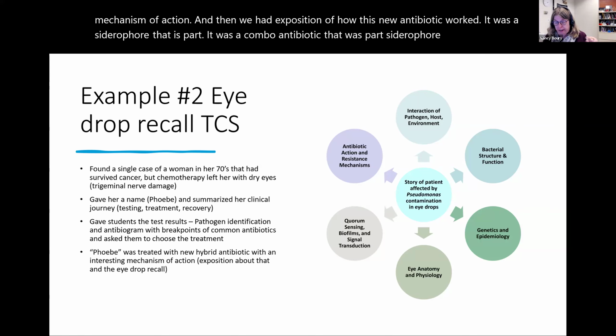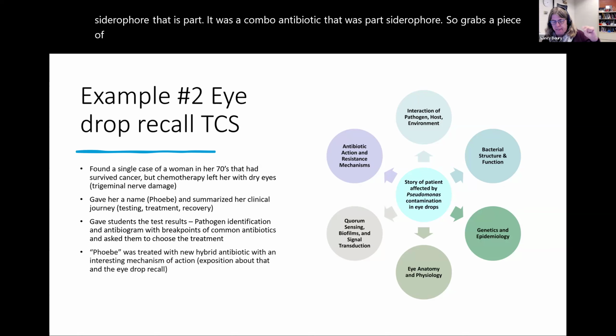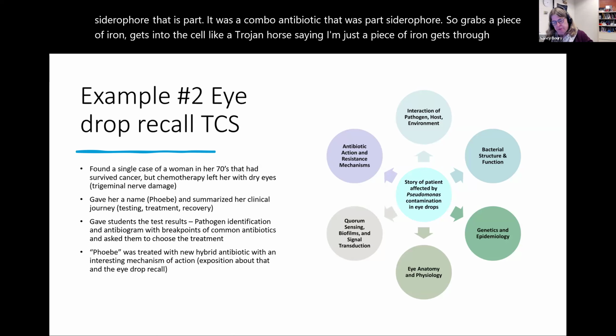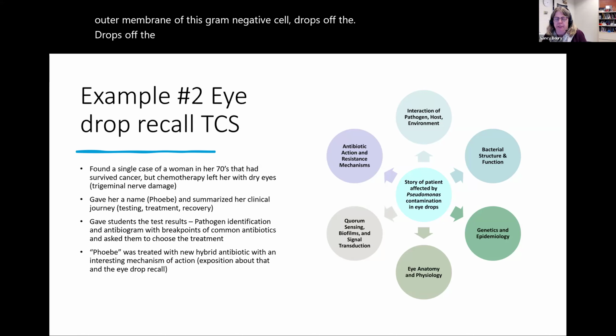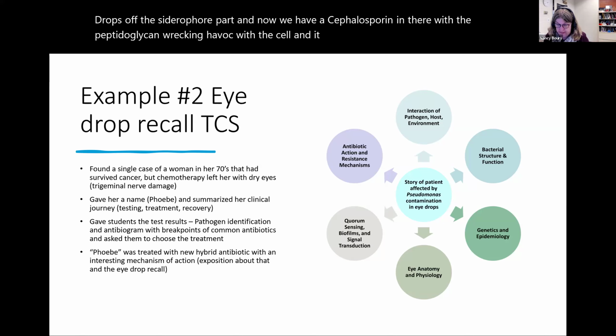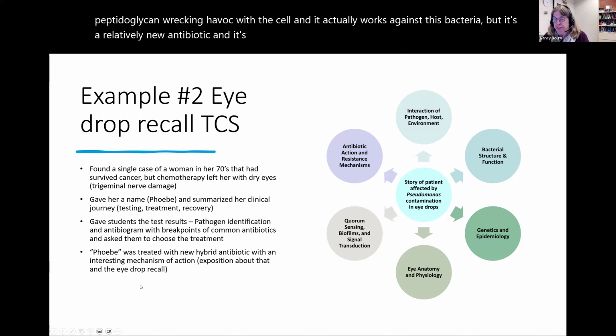So it grabs a piece of iron, gets into the cell like a Trojan horse saying, I'm just a piece of iron, gets through the outer membrane of this gram-negative cell, drops off the iron, drops off the siderophore part, and now we have a cephalosporin in there with the peptidoglycan wreaking havoc with the cell. And it actually works against this bacteria. But it's a relatively new antibiotic, and it's really got an interesting mechanism of action.